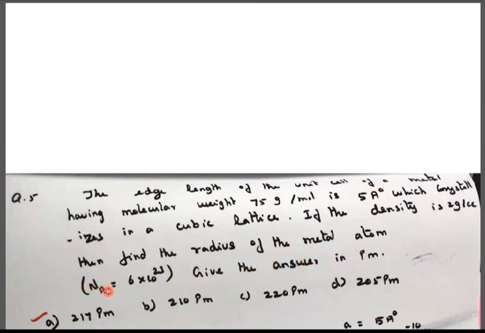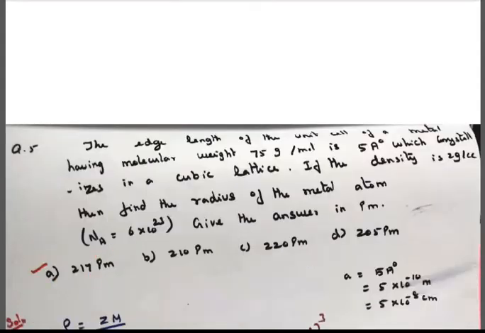The Avogadro number, instead of 6.023, is given as 6 into 10 to the power of 23. Give the answers in picometer. So the options are 217 picometer, 210 picometer, 220 picometer, and 205 picometer.